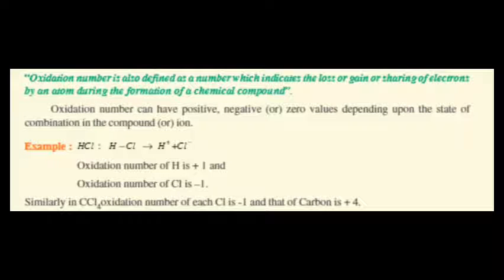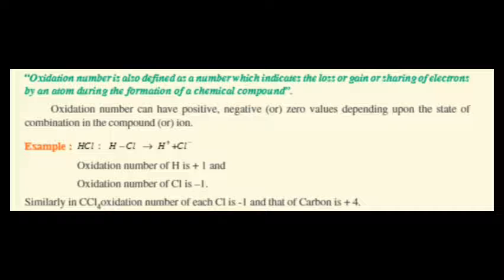Oxidation number is also defined as a number which indicates the loss, gain or sharing of electrons by an atom during the formation of a chemical compound. Oxidation number can have positive, negative or zero values depending upon the state of combination in the compound or ion.